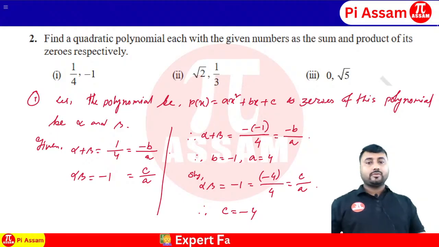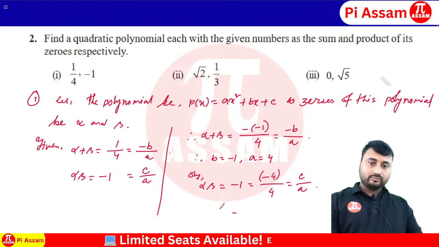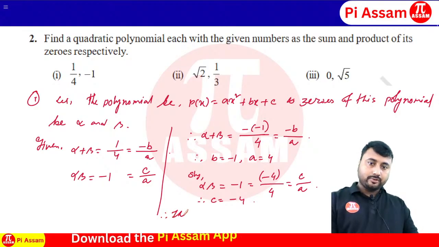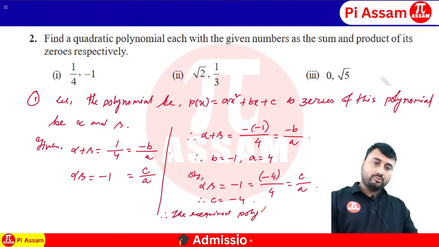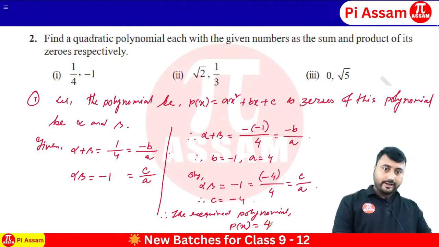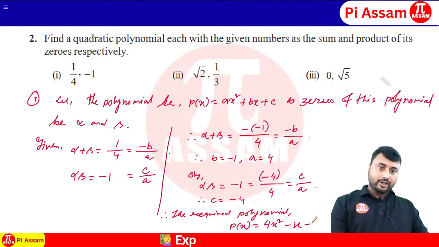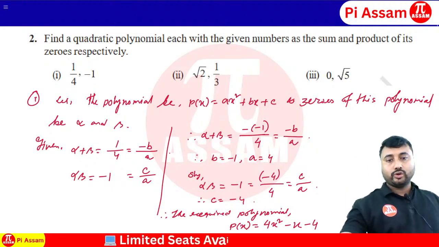Therefore the required polynomial will be p(x) equal to 4x squared minus x minus 4. That is the answer.